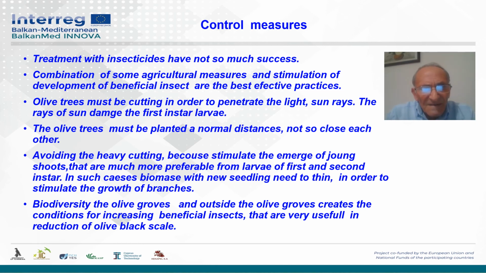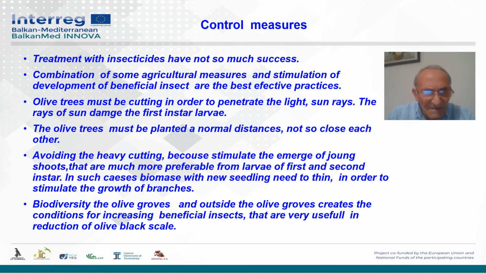The olive trees must be planted at normal distances, not so close to each other, avoiding heavy pruning because it stimulates the emergence of young shoots that are much preferred by larvae of first and second instar of the scale.